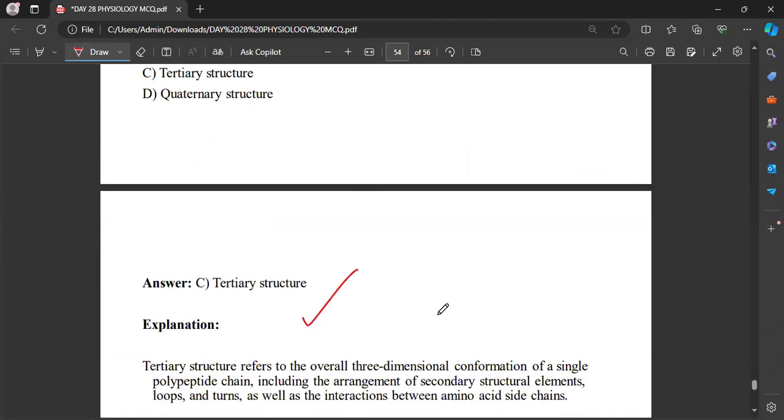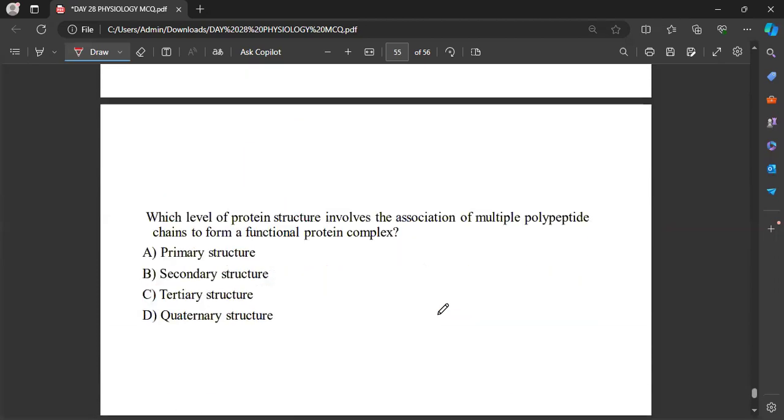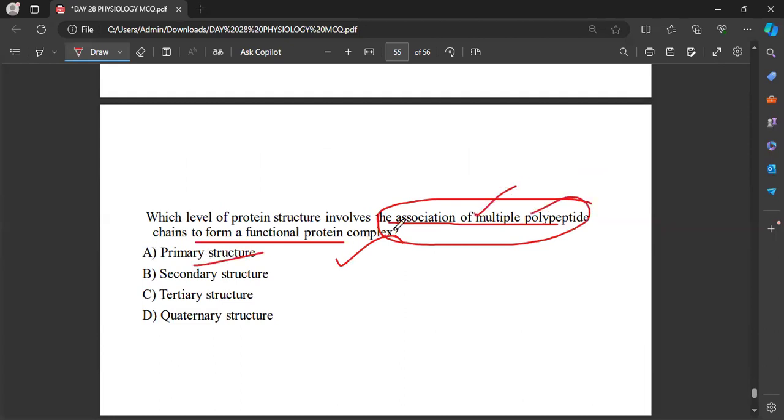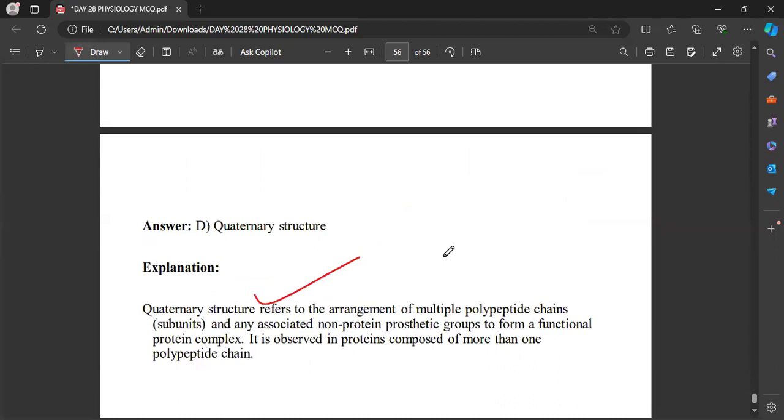That will be the tertiary structure. Now, which level of protein structure involves the association of multiple polypeptide chains to form a functional protein complex? That will be the quaternary structure.